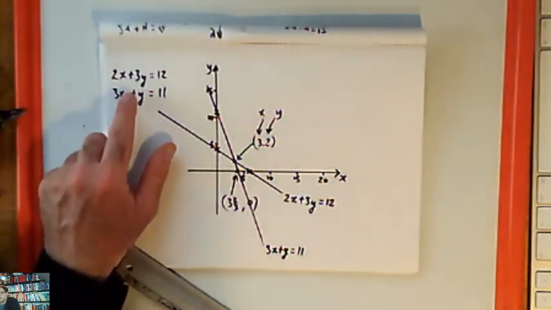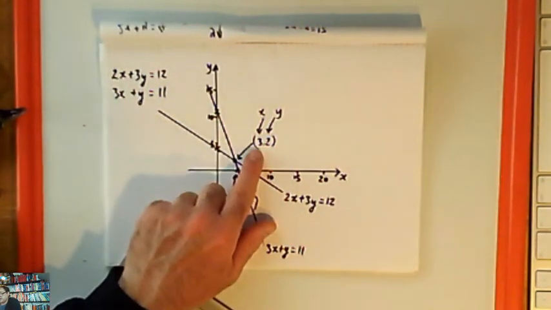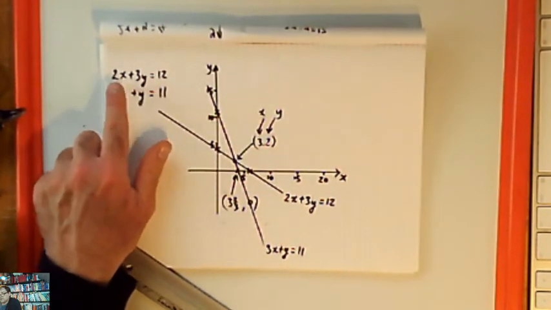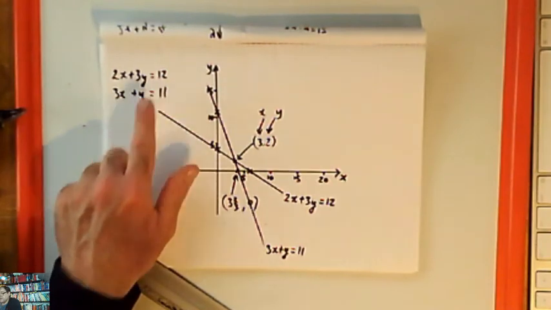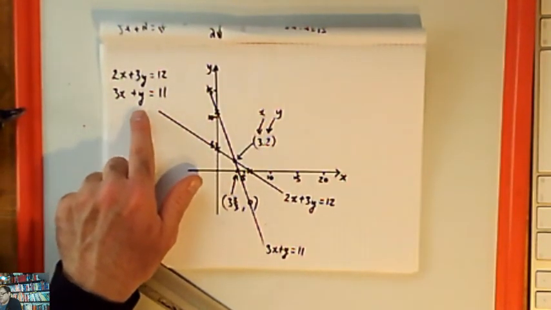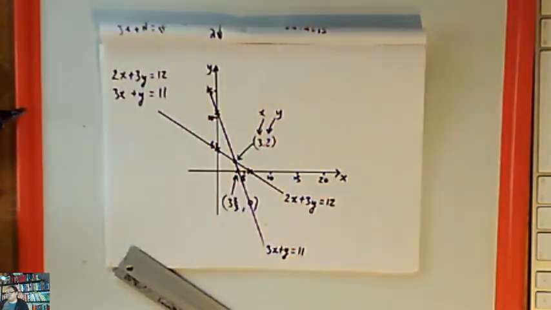I can check that by putting the values in. So if x is 3 and y equals 2, 2x plus 3y becomes 6 plus 6, which is 12. And then 3x plus y becomes 9 plus 2, which is 11. So it does work, so I can confidently fill that in on the iMaths.